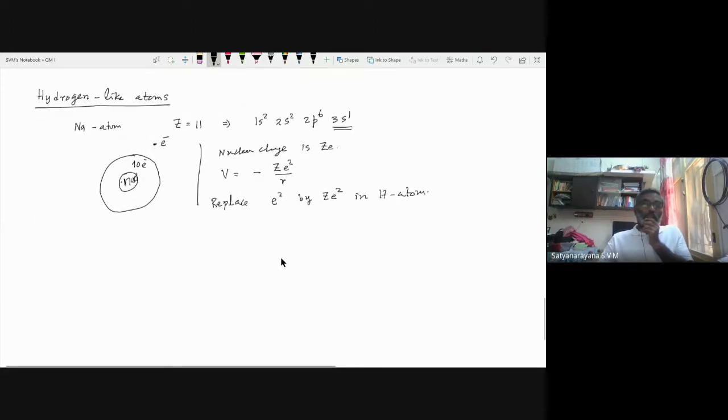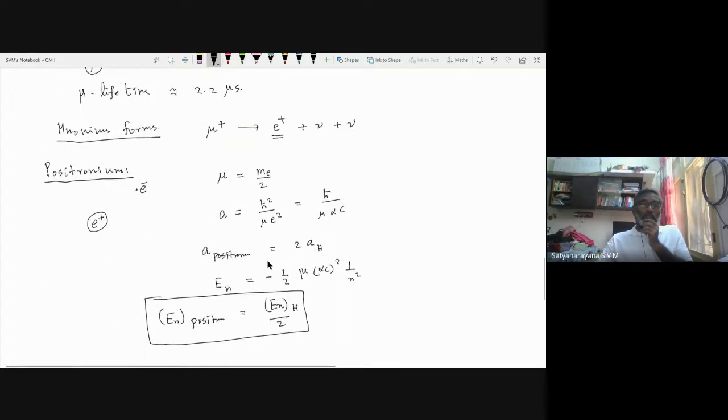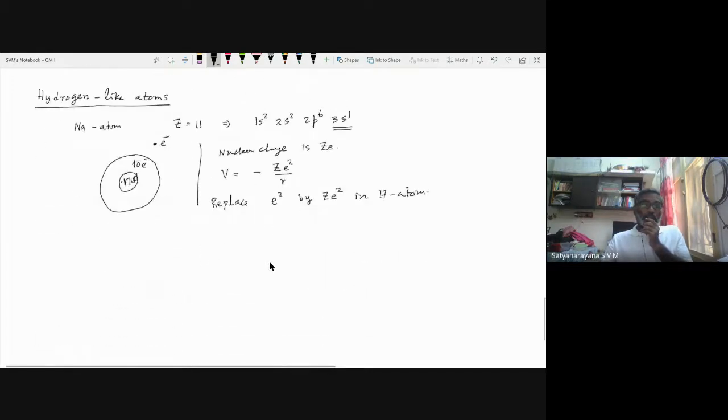So in that case, what happens is your energy levels will involve this. So you know that your energy levels E_n is equal to minus μ Z² e⁴ divided by 2ħ² n². So this is the energy level expression.